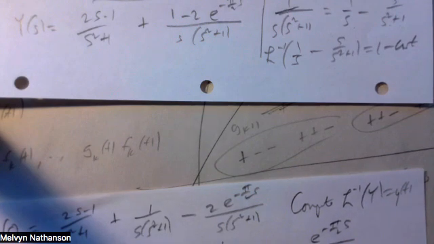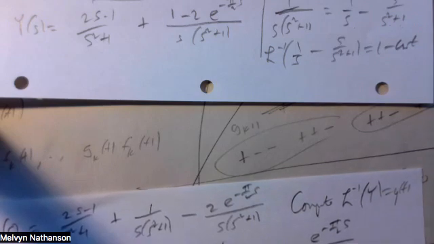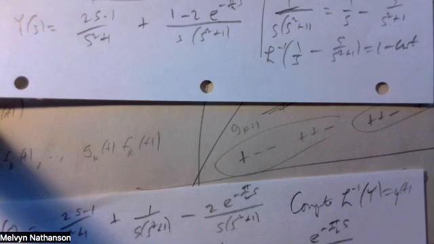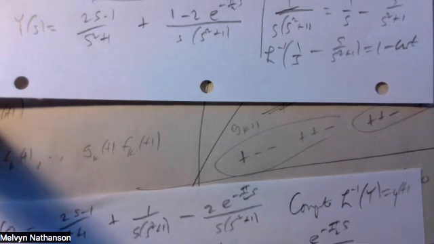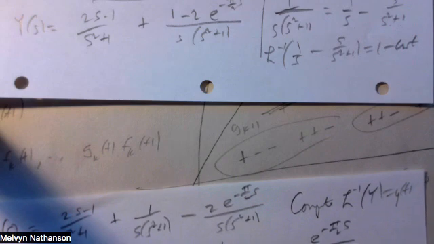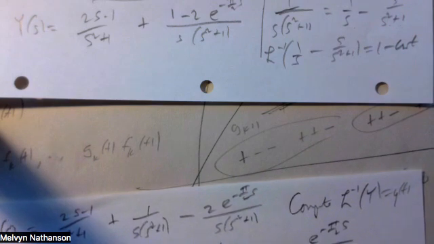And then I have to worry about this. Minus 2 times the inverse Laplace transform of e to the minus pi over 2s over s times s squared plus 1. Here we have cosine t minus sine t plus 1. But what is that? That's what we have to figure out.